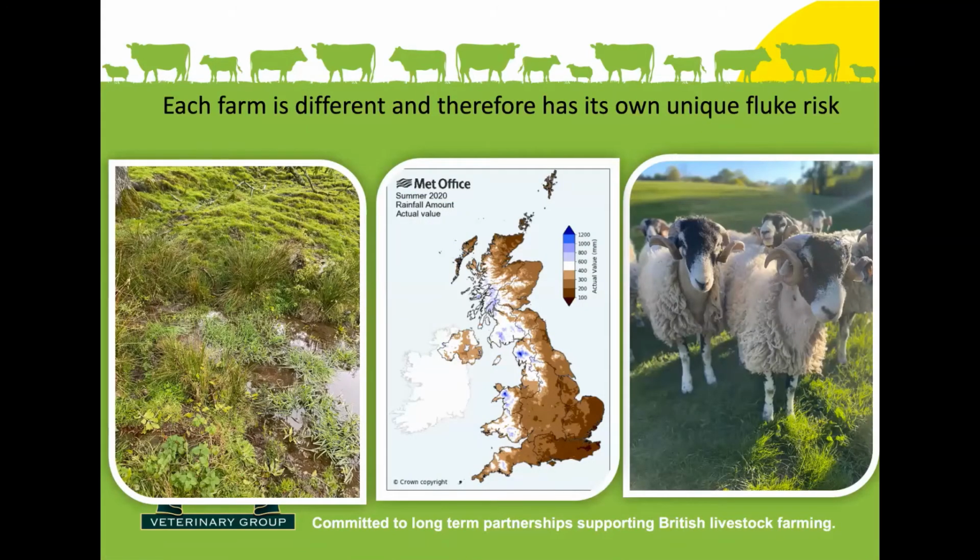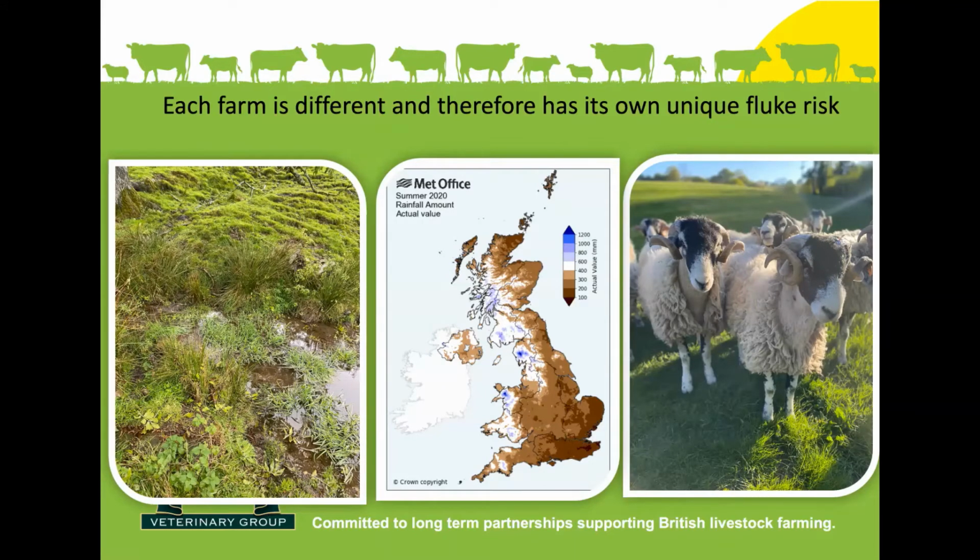So, as I said before, each farm is different, and therefore it has its own unique fluke risk. So, is there snail habitat on your farm? This picture on the left of your screen is some classic fluke habitat. You know, damp areas, bare mud, lacking some vegetation cover.